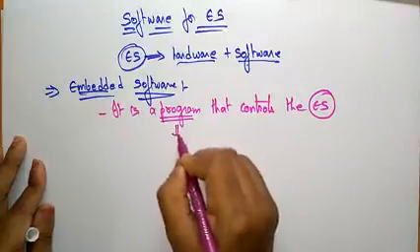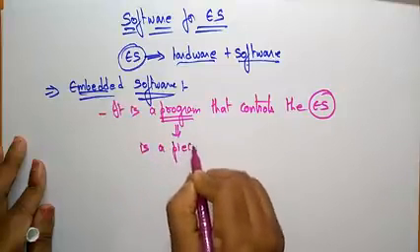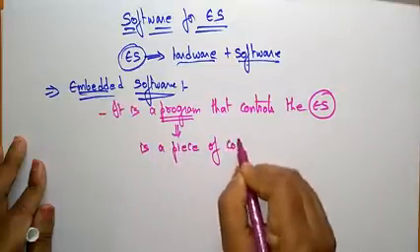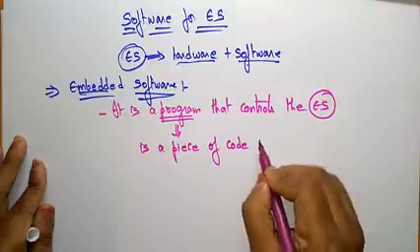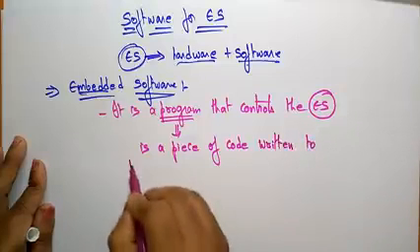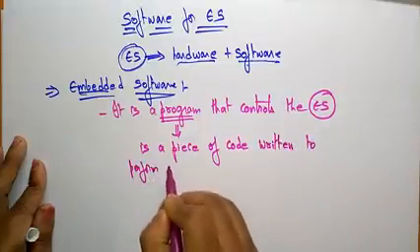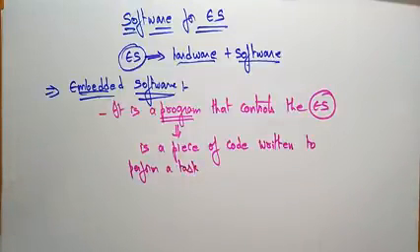So this program is nothing but a piece of code. It is a piece of code written to perform a task. To perform a task means it is going to perform some action, based on the time settings and the intervals and everything.